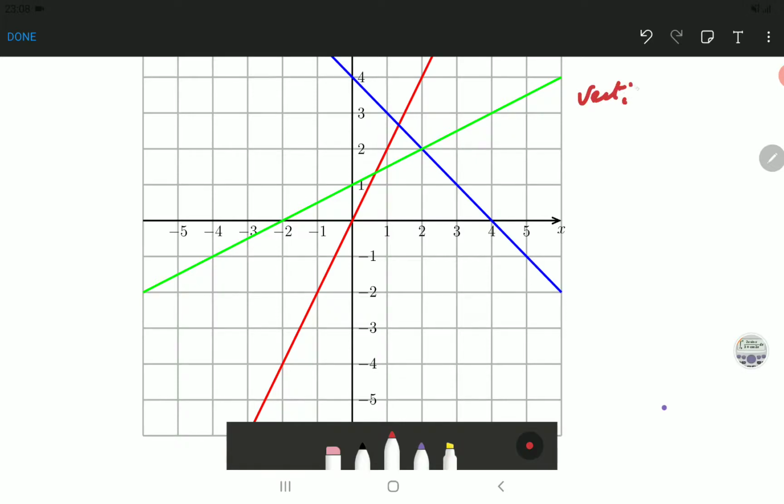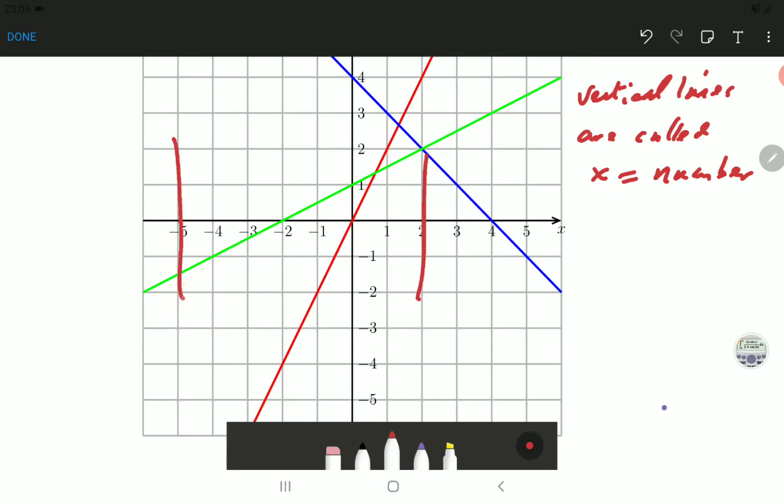So vertical lines are called x equal to some number, where that number is going to be the x coordinate. So this line, for instance, is x equals 2.